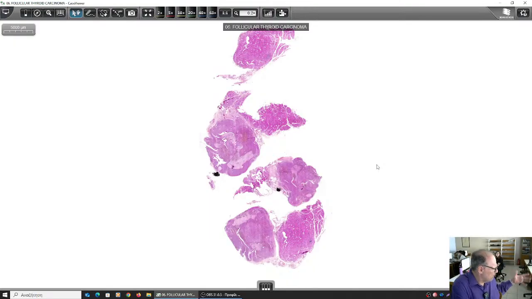The scintigram. That's the exam that you give. You give the radioisotope. It's not the same as the one you use to treat follicular differentiated cancer. It's another radioactive.